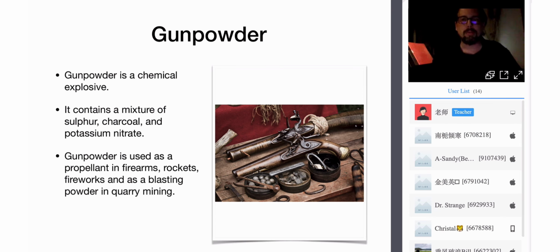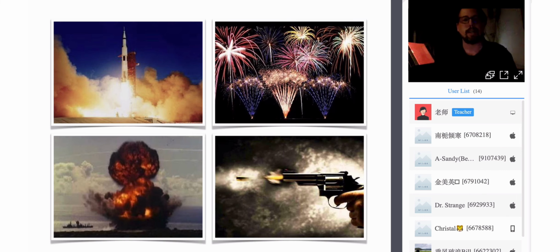So the chemical contents are sulfur, charcoal, and potassium nitrate. Again, invented by the Chinese. Gunpowder has been used as a propellant. In other words, something that can move something. In firearms, weapons, rockets, fireworks, and blasting and quarry mining.